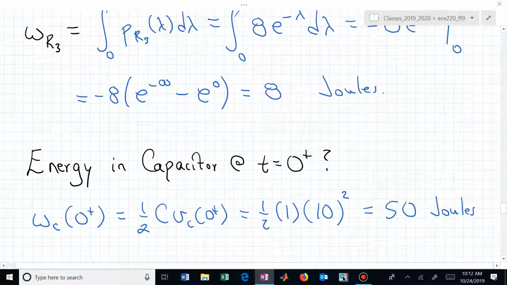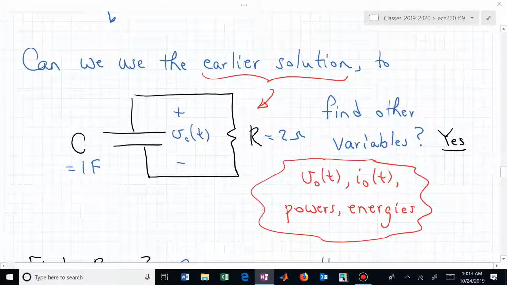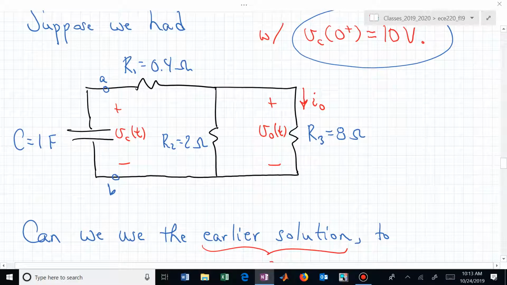What in the world? R3 took 8 of the 50. What happened to the rest of the energy? Is it magic? Now we know at time 0, we started with 50 joules in this circuit.